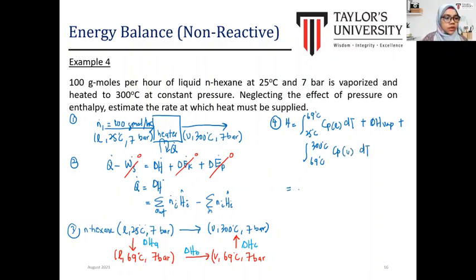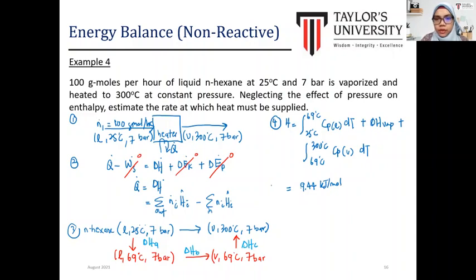So the answer, I will just share the answer with you. For the first, delta H_A, we have 9.44 kilojoule per mole.